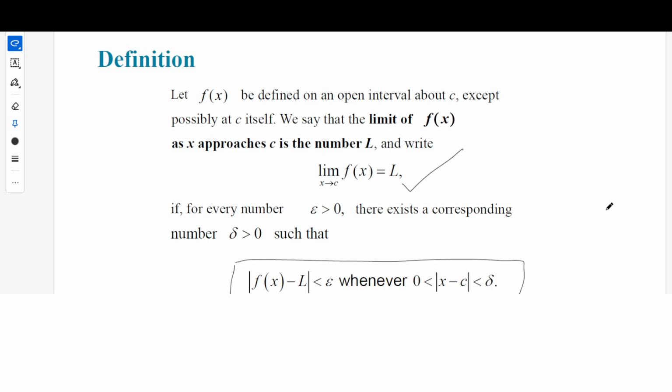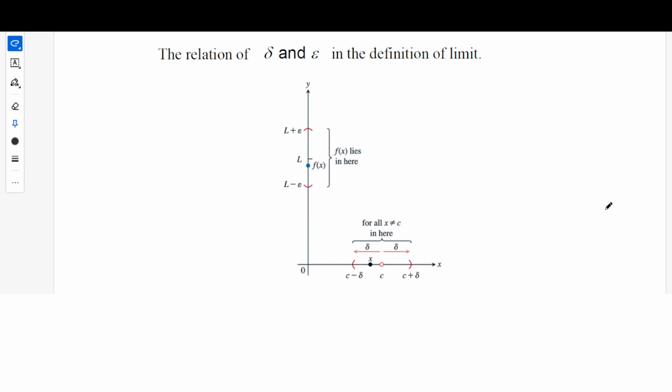But what does it mean? Let's look at them on the coordinate system. C is inside, C is the value. When x approaches C, when x is very, very close to C, meaning there is an open interval from C minus delta to C plus delta. Think about delta as a very small number.